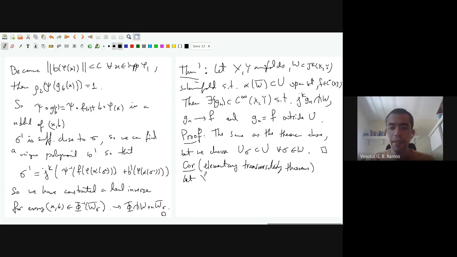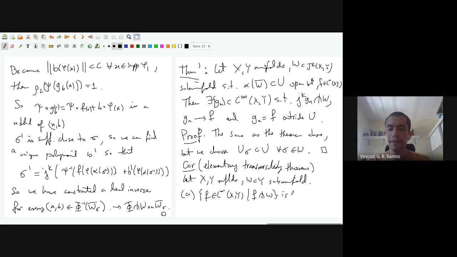If I take two manifolds, and I look at a submanifold W of the target, then the set of functions which are transverse to W is dense in C infinity. And if W is closed, then this set is open.